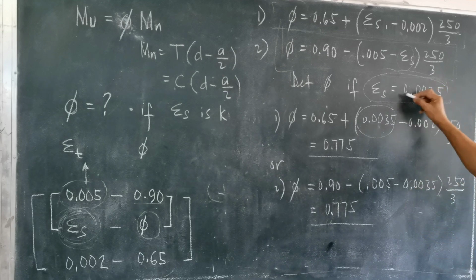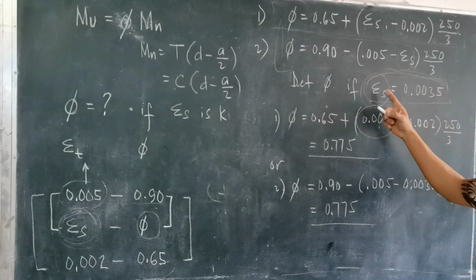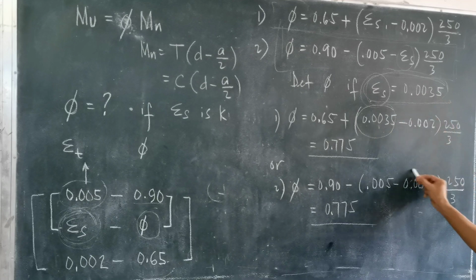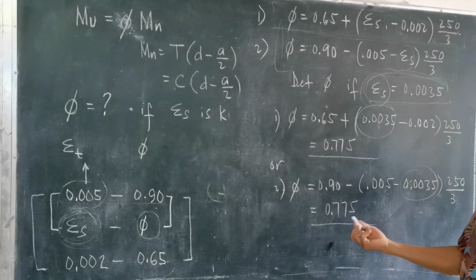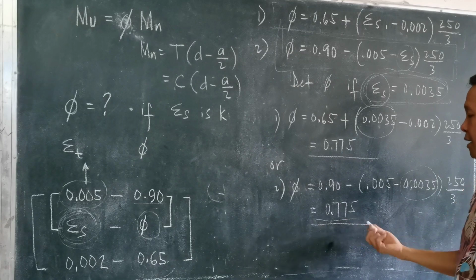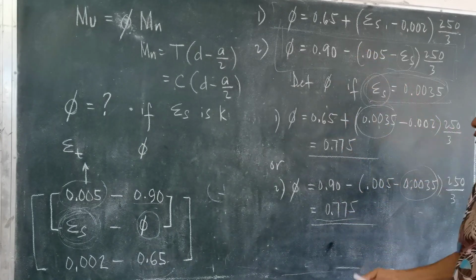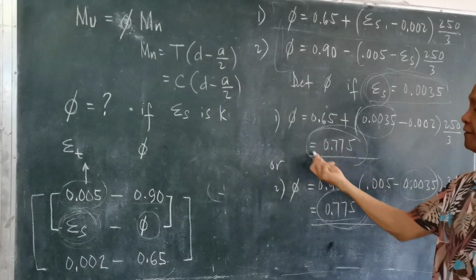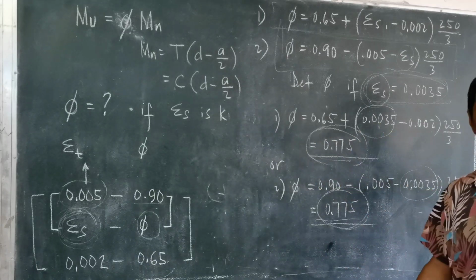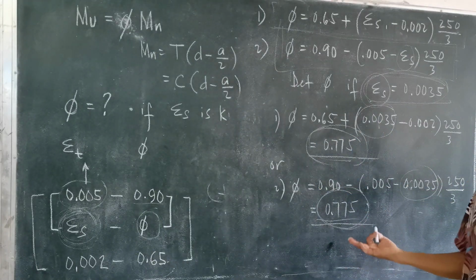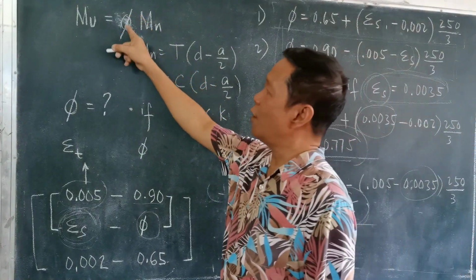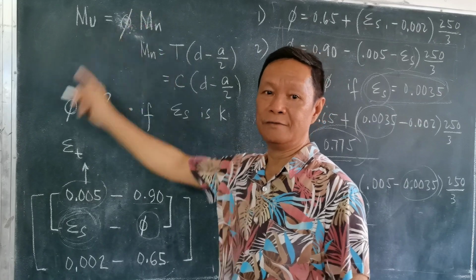We will substitute the known actual strain in the steel of 0.0035. And if you use the same formula 2, then you'll get the same value as that found in the first formula. So now you don't have any problem in determining the moment reduction factor.